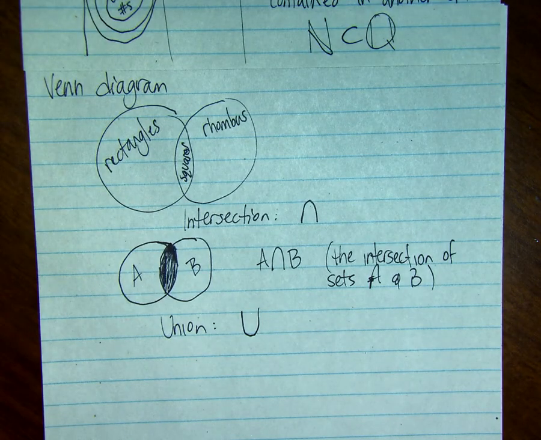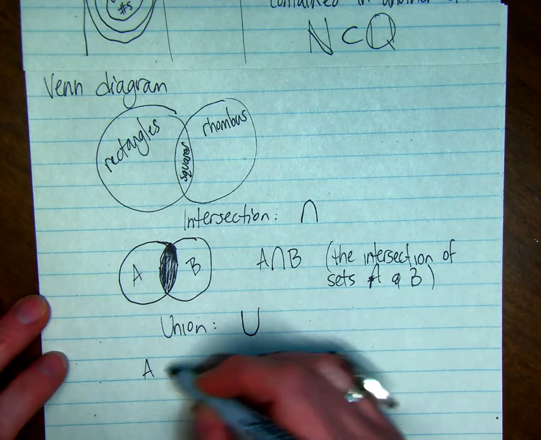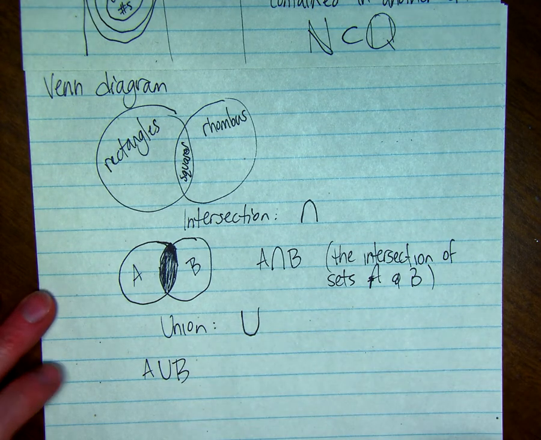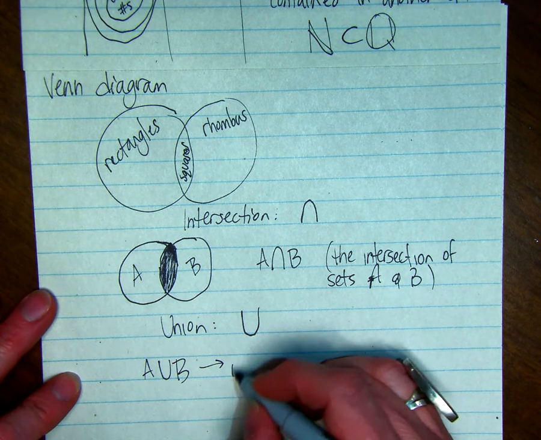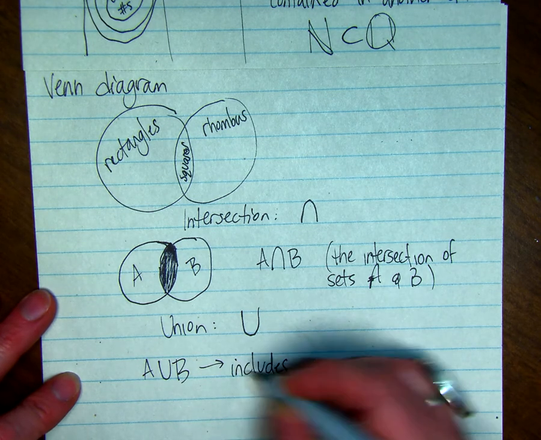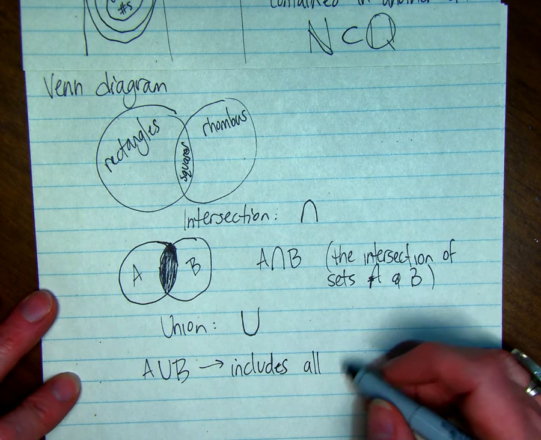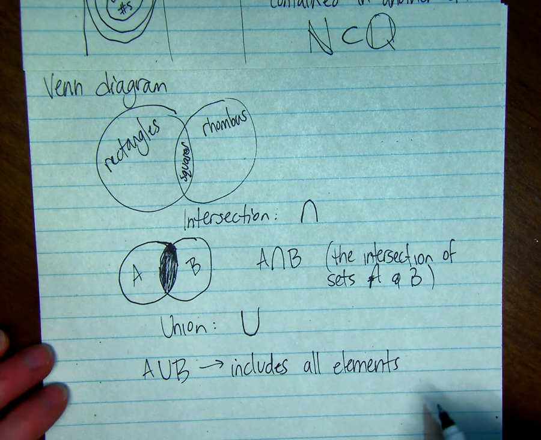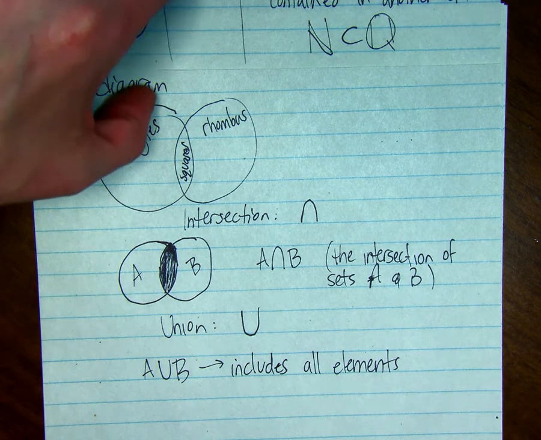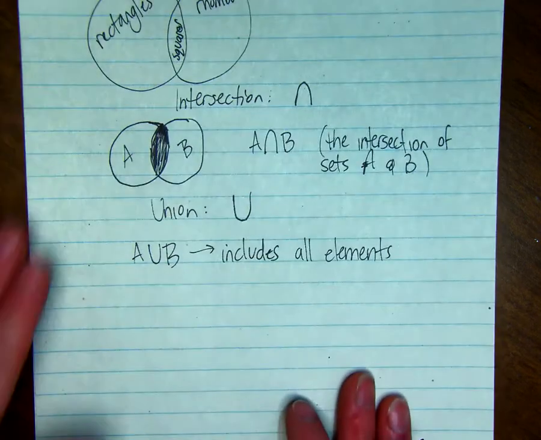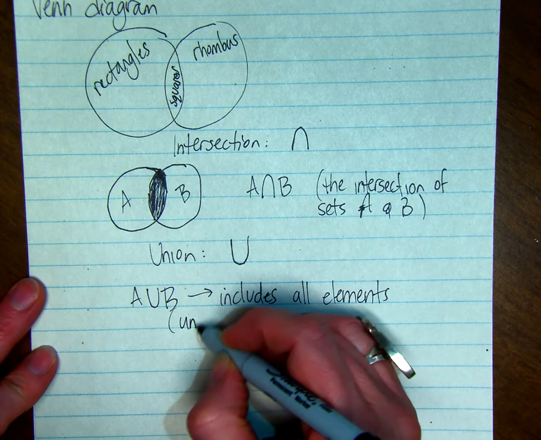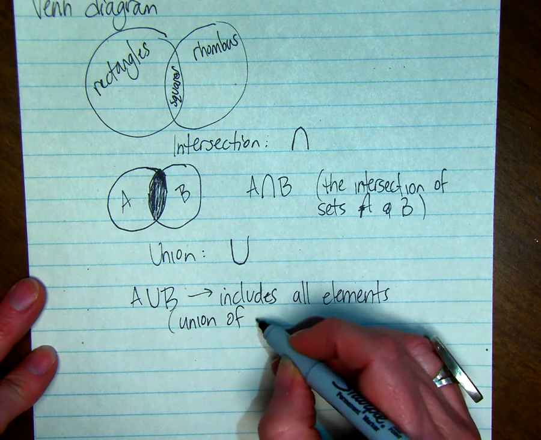It includes all the elements. So if I said the union of sets A and B, that includes all the elements. And we only list them once in the set. So this is the union of sets A and B. That's how you read this.